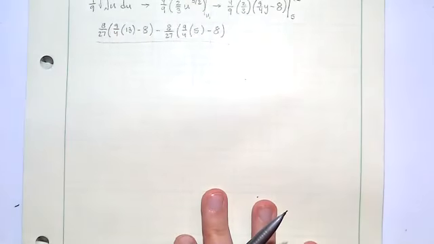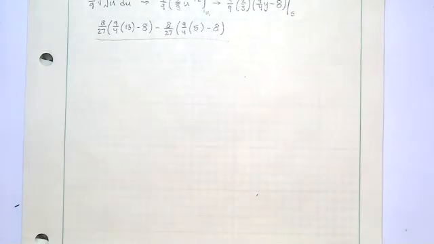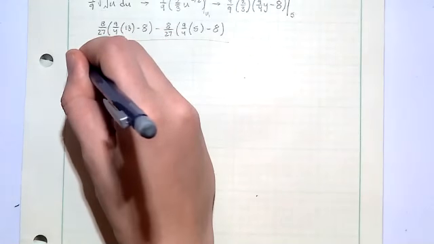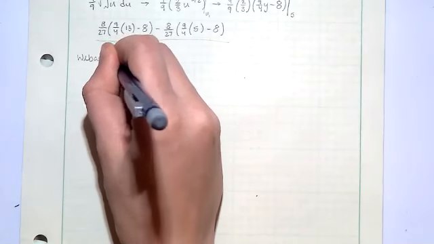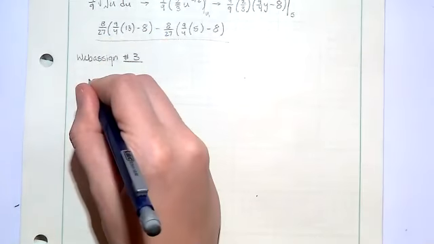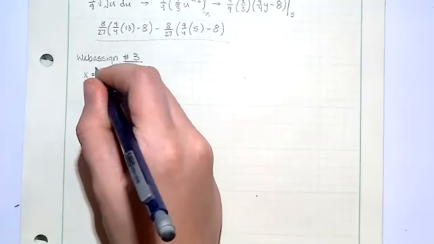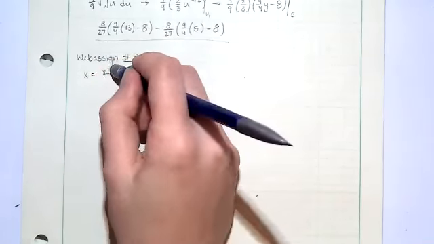Yeah, so let's tackle another one. Let's give number 3 a go. So this one is WebAssign number 3. This guy is going to be x is equal to y to the 4th over 8 plus 1 over 4y squared.